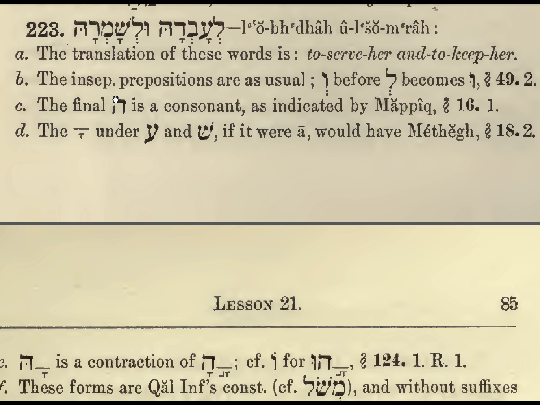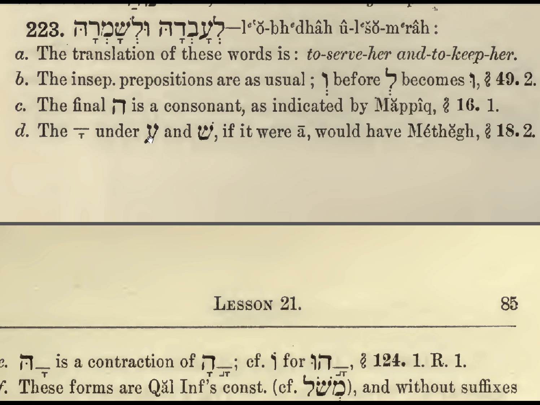The inseparable prepositions are regular, the le before, because there's a schwa here, becomes u, ul shomra. The final he here is a consonant, lengobda ul shomra.